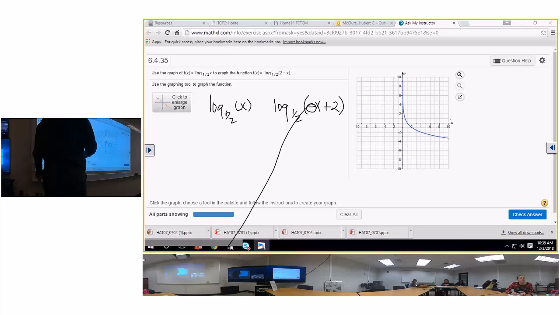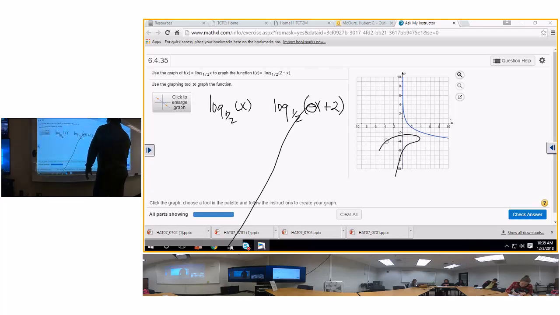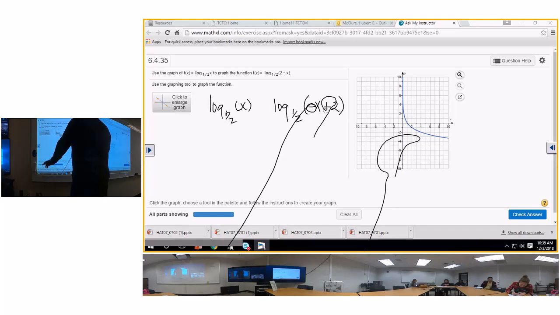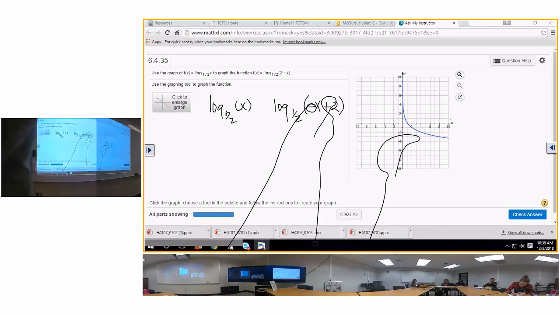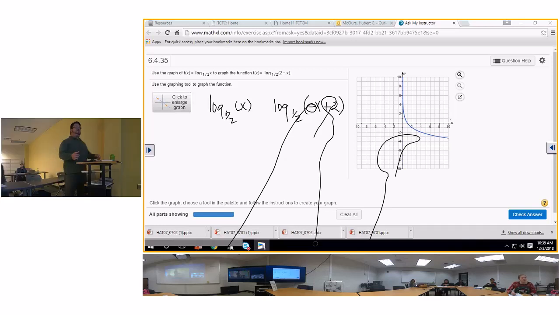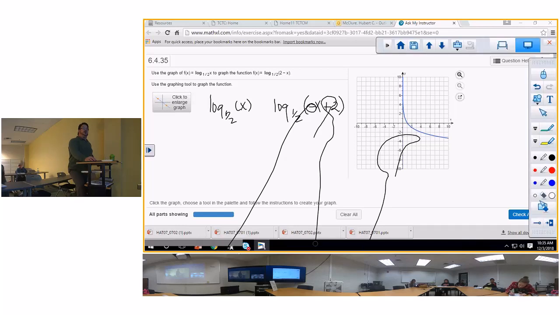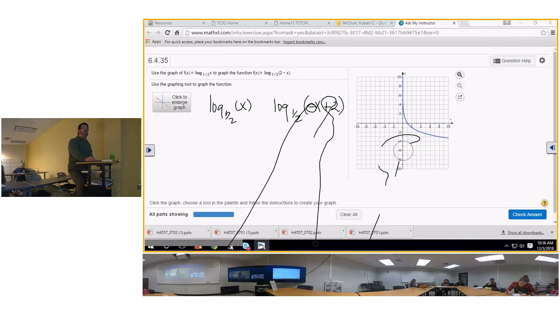The negative says that I'm going to flip this thing. What does the positive 2 say? Positive 2 tells me I've got a horizontal shift of 2 to the left. So you're going to draw this thing, take your calculator and put in log of negative x.